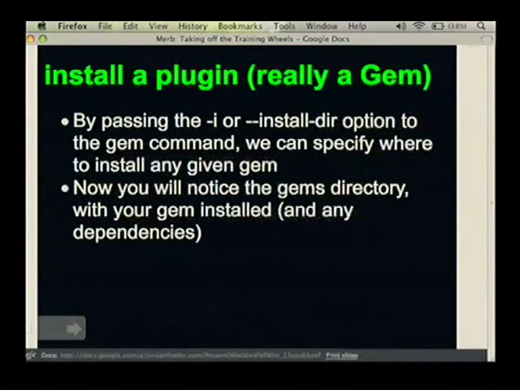And the nice thing is that wherever it installs it, it'll create the directory structure, and then it'll handle all the dependencies that are specific to that gem and install all of it as well. So why invent a new plugin infrastructure when you already have gem as a brilliant plugin infrastructure, right? So that's why they did that.